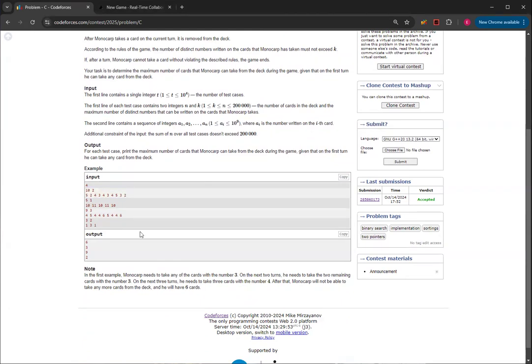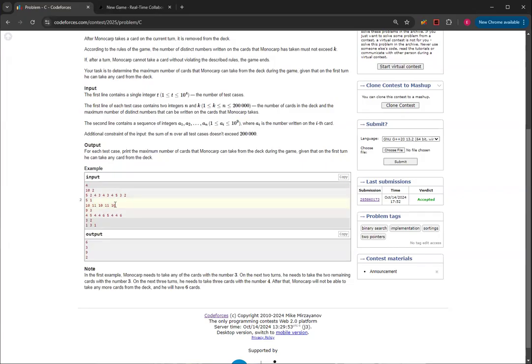What's the maximum amount of cards that he can pick? The next card can be plus 0 or plus 1. So the maximum would be 3, 3, 3, 4, 4, 4, which is 6 cards. He wouldn't be able to take any more than that because it would violate the rule of at most K distinct numbers.